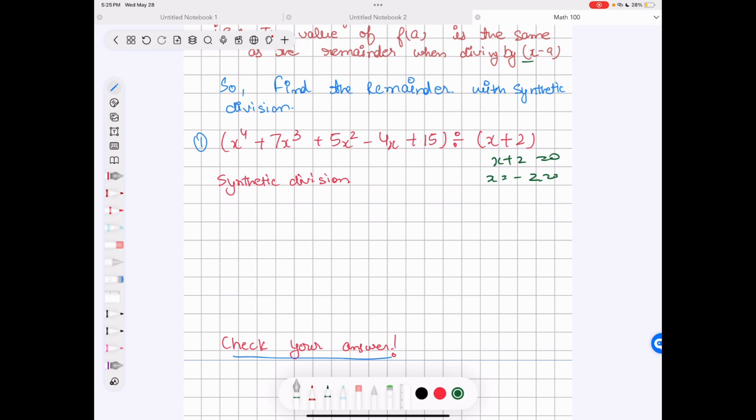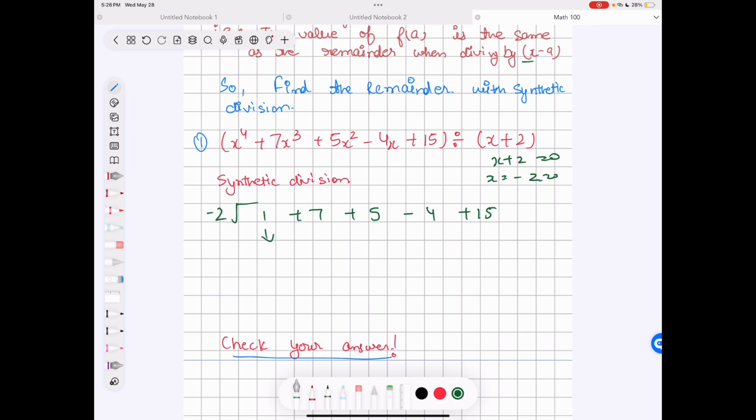So now I'm gonna do the synthetic division here. I'm gonna put all the values in order again, and I'm gonna divide it by minus 2. It's gonna be 1 plus 7 plus 5 minus 4 plus 15.